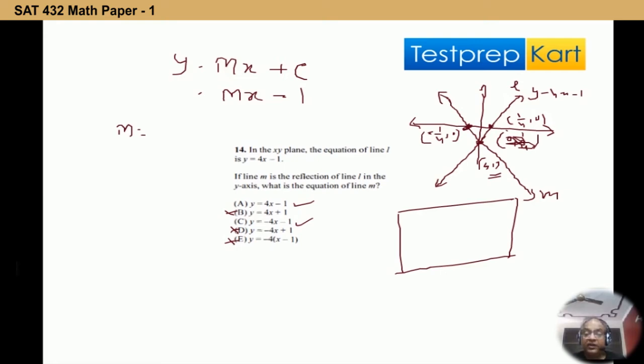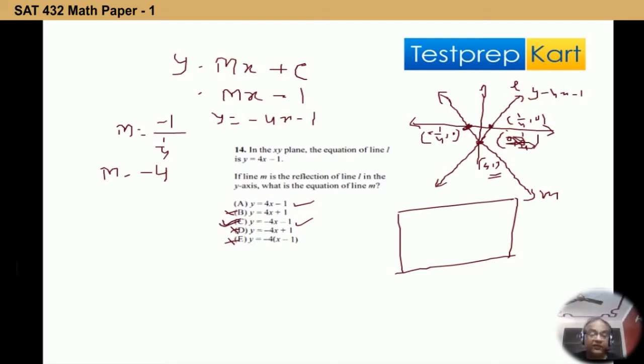So y2 minus y1 will give you minus 1 minus 0, that's minus 1, divided by x2 minus x1, so 0 minus minus 1 by 4, that's 1 by 4. This will be m is equal to negative 4, and therefore y will be equal to minus 4x minus 1. So out of these two options, a and c, option c is correct.